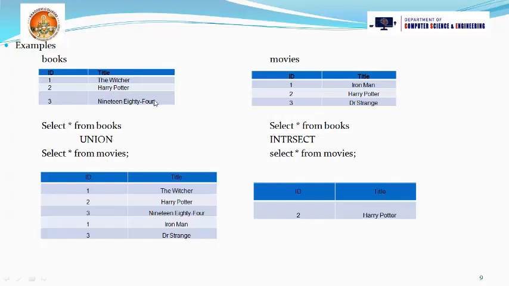In the books table we have three tuples, and in movies we have three tuples, but we have one common tuple, so it will not appear twice. So we have a total of 5 records in the union output. Intersect will return the common tuple. Here the second tuple is the common tuple in both the relations, so the intersect operator will return that tuple.